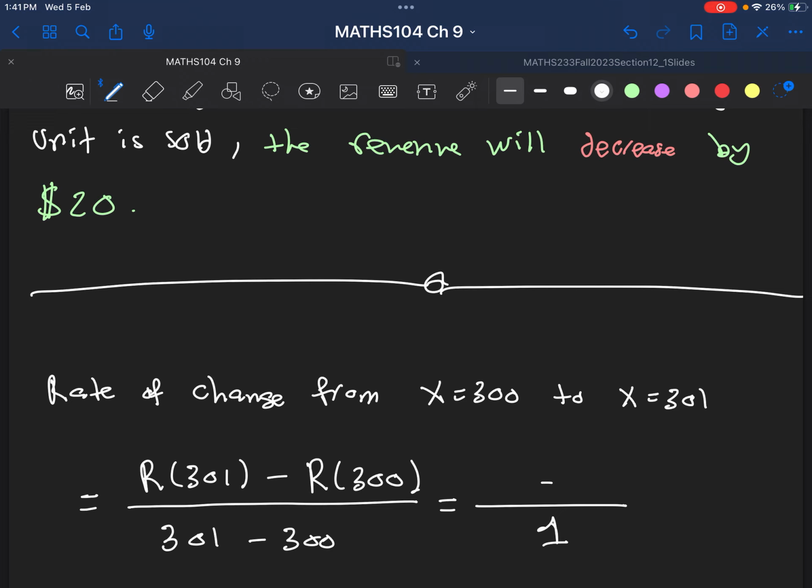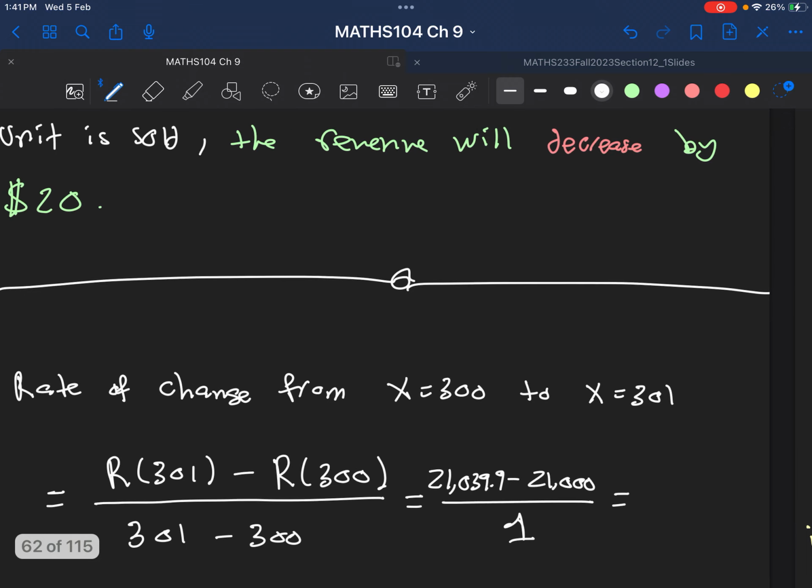Now, if we substitute 301, we get 200,039.9. If we do the same thing for 300, we get 200,000.